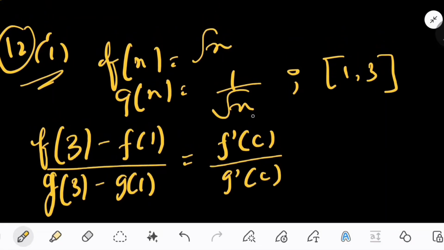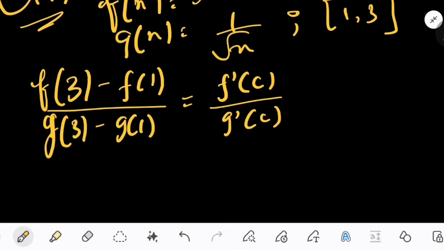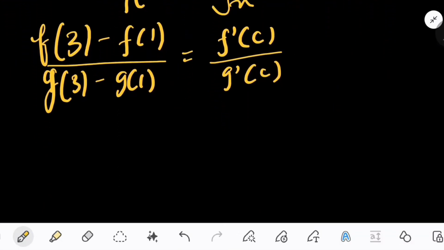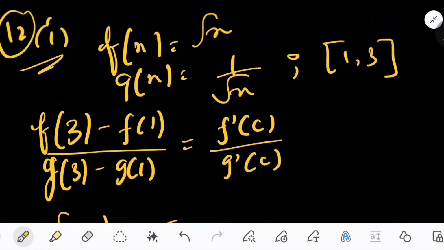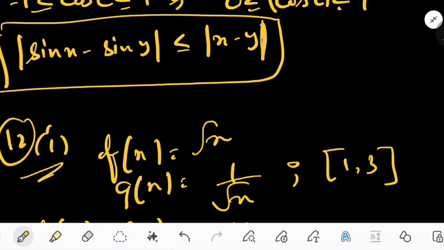Notice this is continuous in the interval 1 to 3, right? And is differentiable also, right? You don't need to check, even if you check, you get the same result. So you get root 3 minus root 1 upon root 3 minus 1 is equal to f dash of c, which is equal to 1 by 2 root x into negative 2 x to the power 3 by 2, right? You can solve it, it is simple.